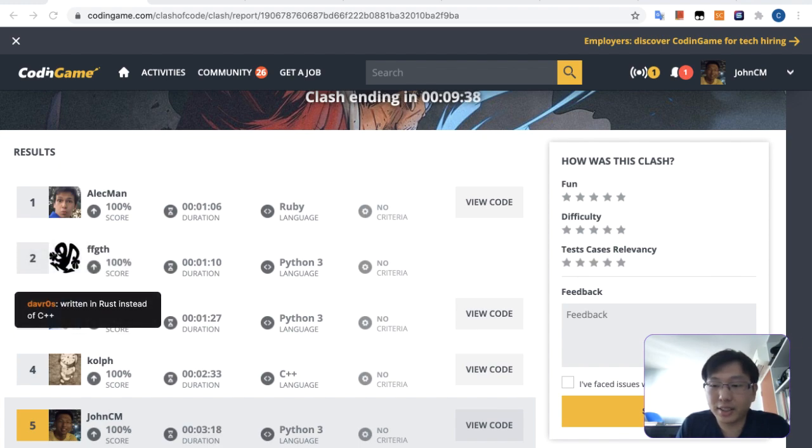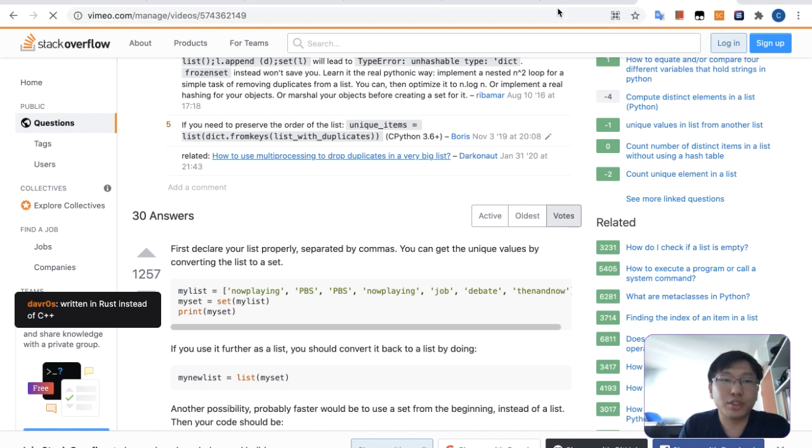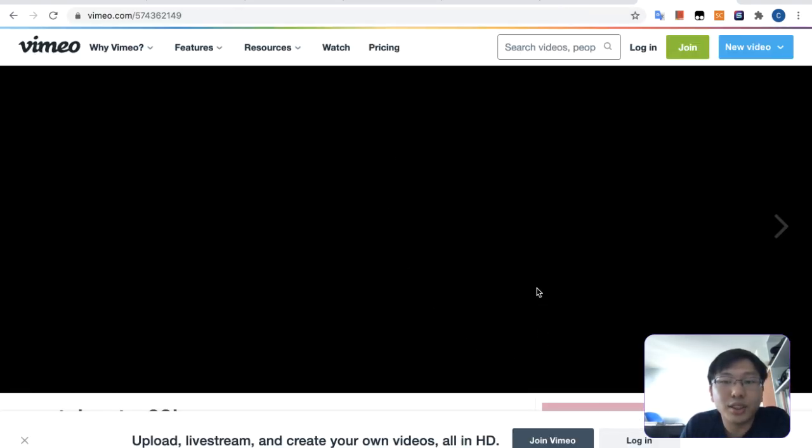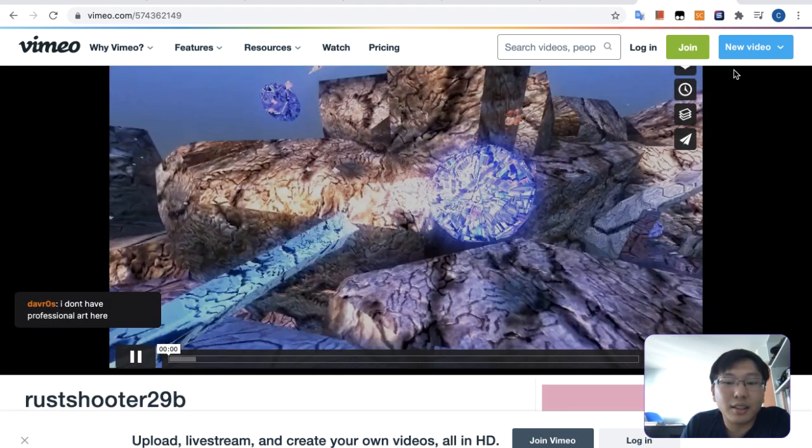Oh, nice, Rust. I haven't actually learned Rust, but I wonder if it's a good language. So I think what you should do is just do what you're interested in.